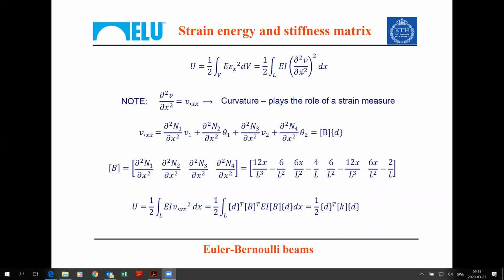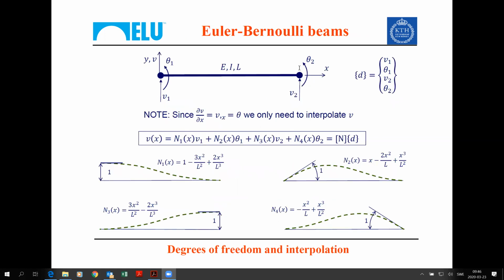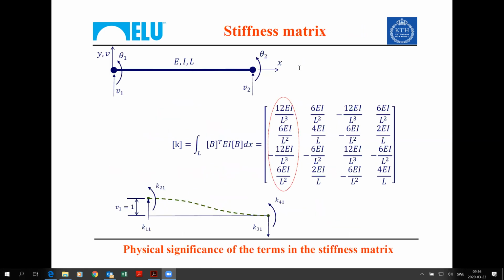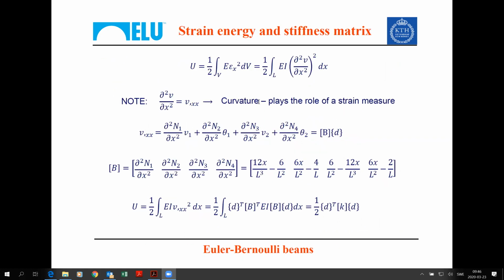Other questions? In the page of strain energy and the stiffness matrix, in the last line, we can see that U equals this formula, with v comma xx squared. But why do you put the transpose of D and B before EI?